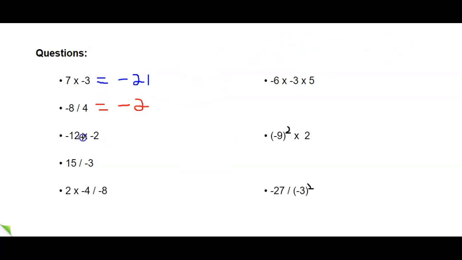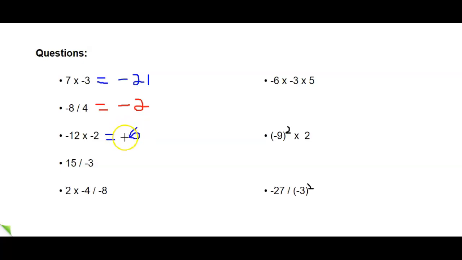Then we have negative 12 multiplied by negative 2. What did we say about multiplying a negative number by a negative number? Negative times negative equals positive. So negative 12 times negative 2 would be 6, because 12 divided by 2 is 6.